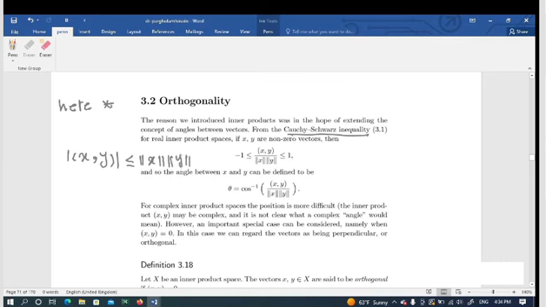So we can say that we have these inequalities.